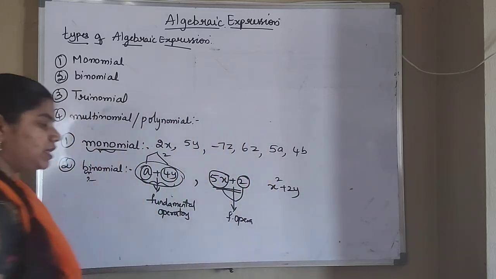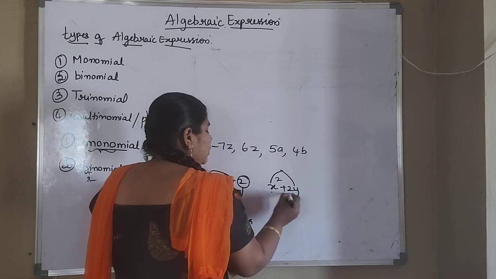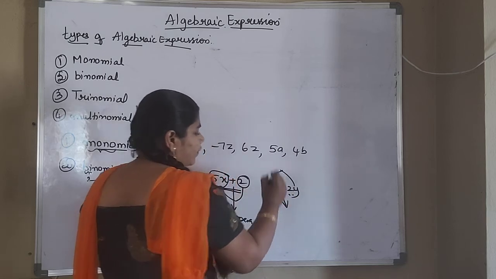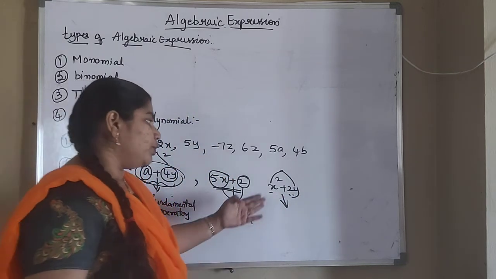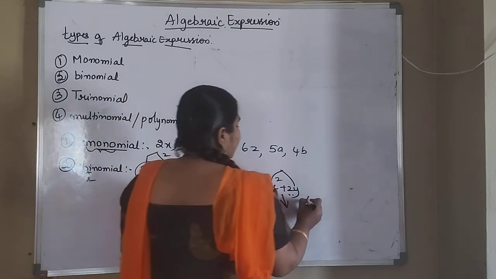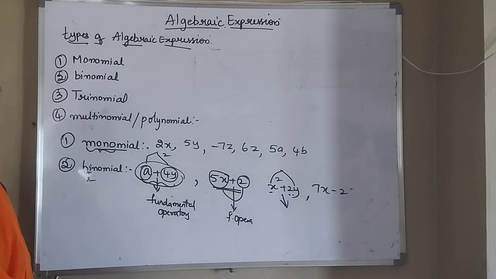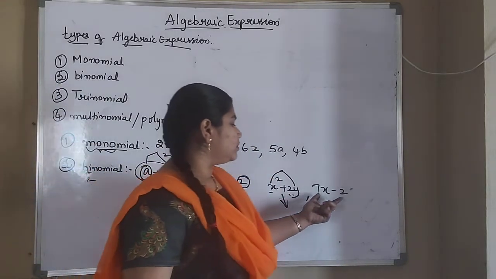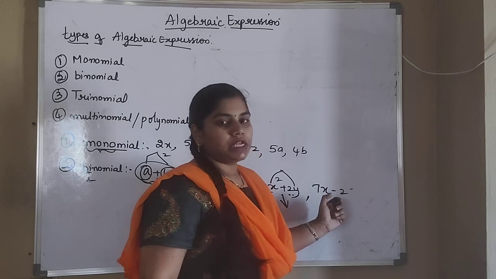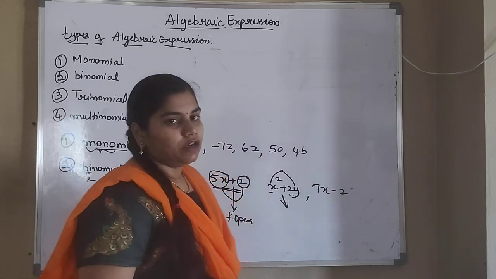This is the first term, this is the second term. Not only plus, you can take minus also. So you can take 7x minus 2. 7x is one term, 2 is one term. These two terms are combined with a fundamental operation, that is minus. So this is called a binomial.